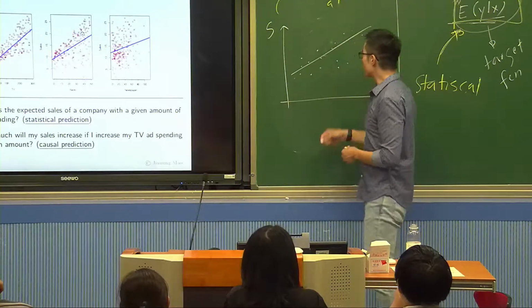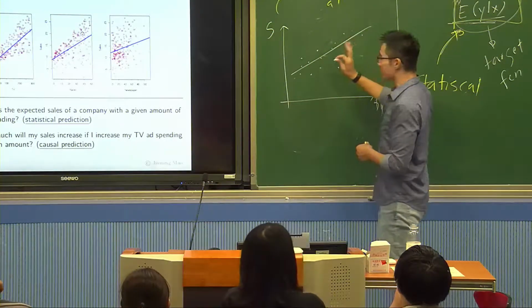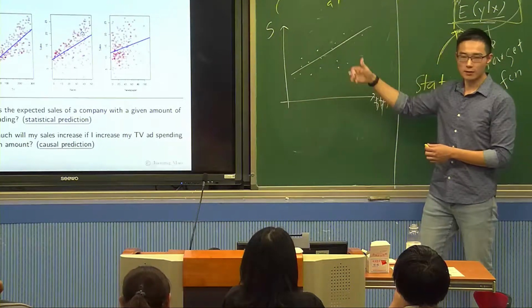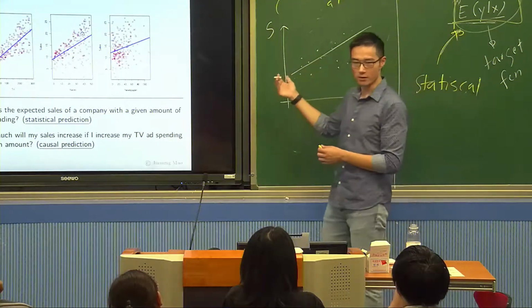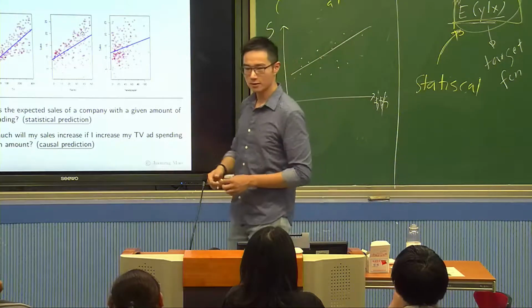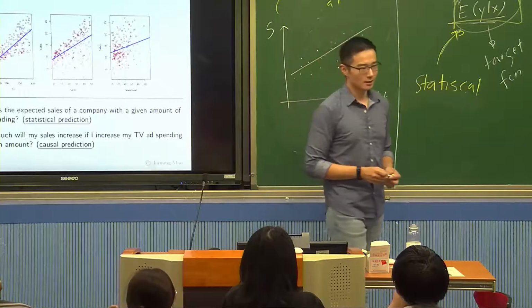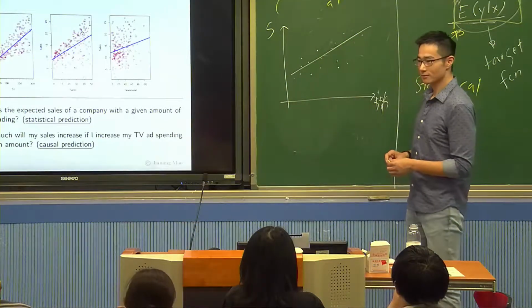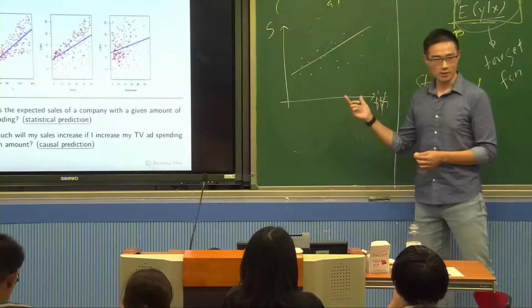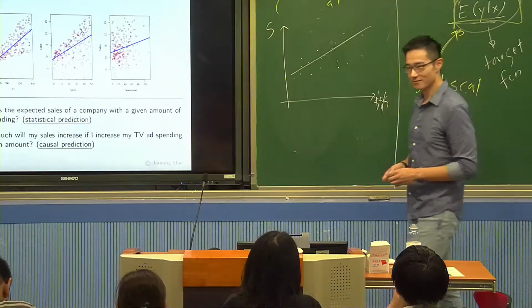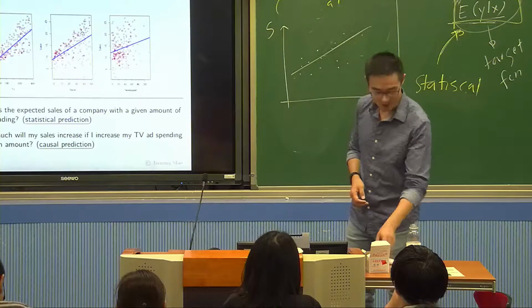So the question is, could this causal relationship be different from the statistical? Is it possible that this statistical relationship doesn't really tell us the causal? So that's the question that I left you with last week. Any answers for this? Any reason why the causal may be different from statistical here? Did anybody think about that over the weekend?